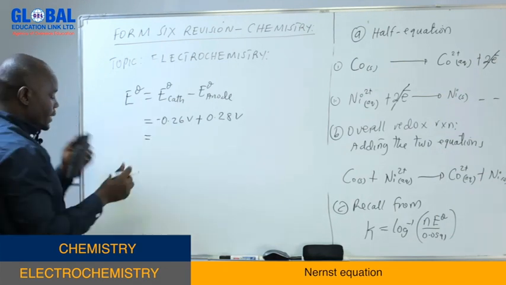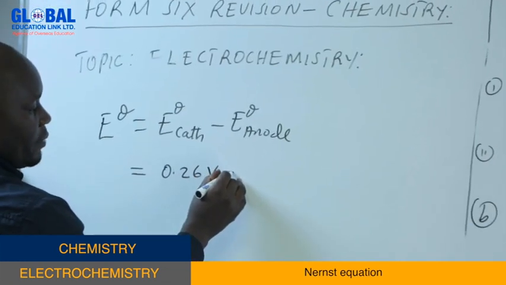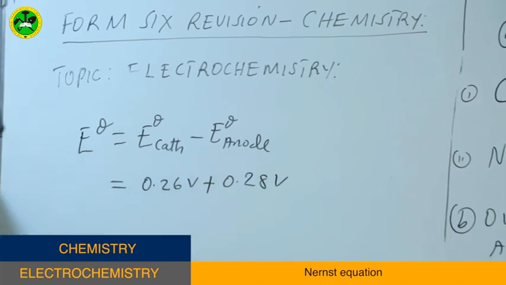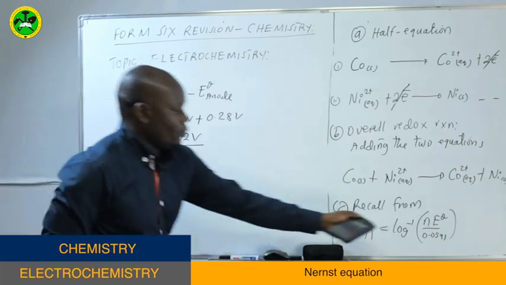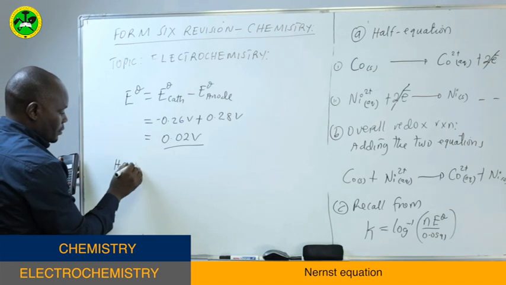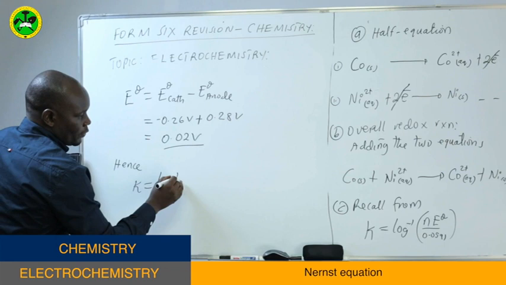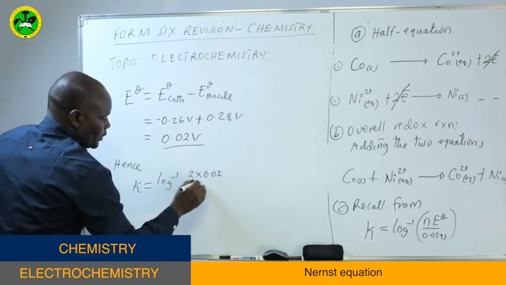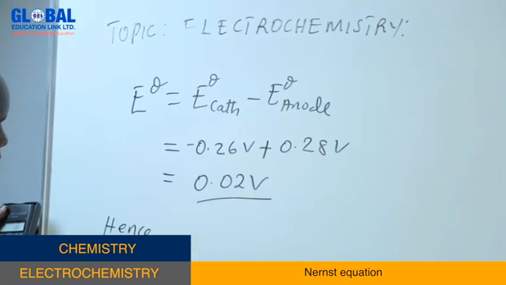So the answer will be 0.02 volts. So that will be the E of the cell. Now if we substitute, the equilibrium constant K will be equal to log inverse of 2 times 0.02 divided by 0.0591.